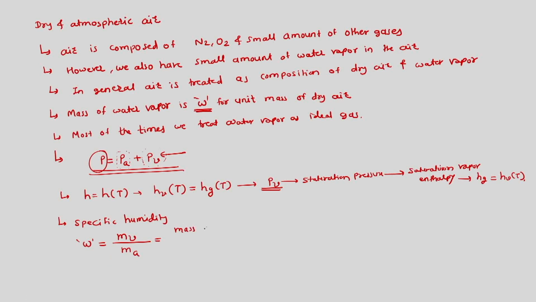So it is the ratio of the mass of water vapor per unit mass of dry air. So this is an important terminology which is called the specific humidity.